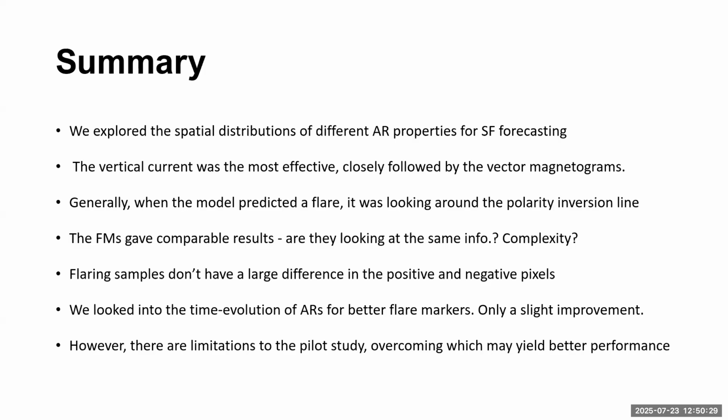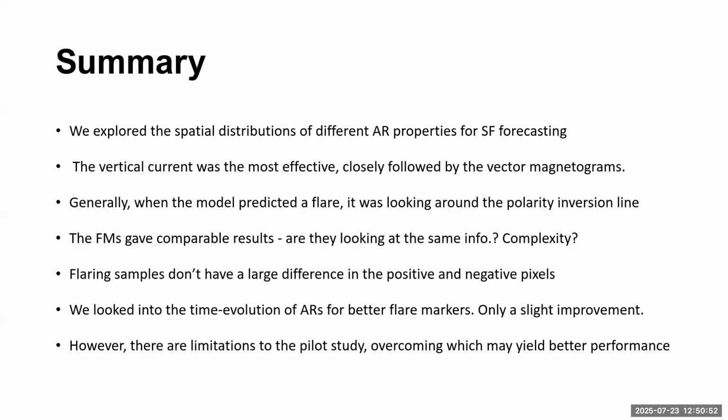Also, the results from the different features were very comparable and very close by. So that raises the question: are they looking at the same information but only in a different form? And is that information in terms of the complexity?